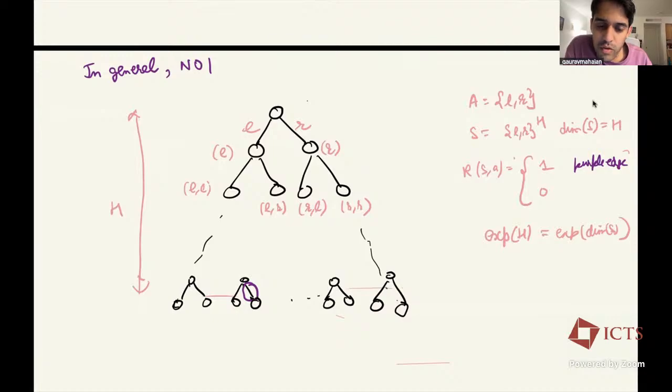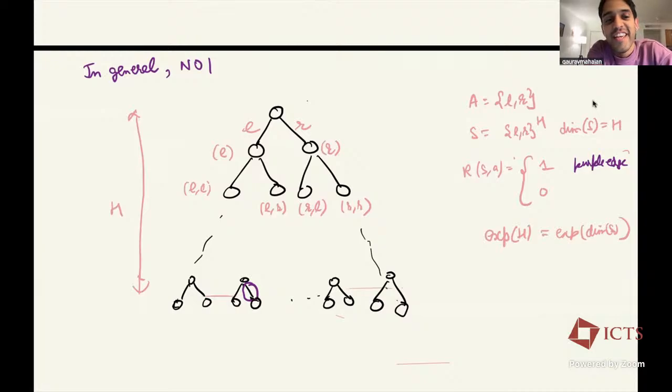Because at every step I just have dimension S possible states, and so all the possible paths is just dimension S to the power H, unless I'm missing some notation, and that's technically a polynomial, right?